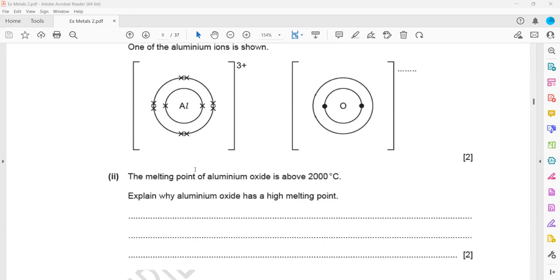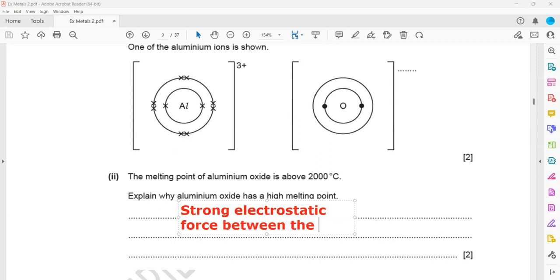That is 1 mark: a strong electrostatic force, because the force between charges is known as electrostatic. So a strong electrostatic force between the oppositely charged ions, the positive and negative ions.